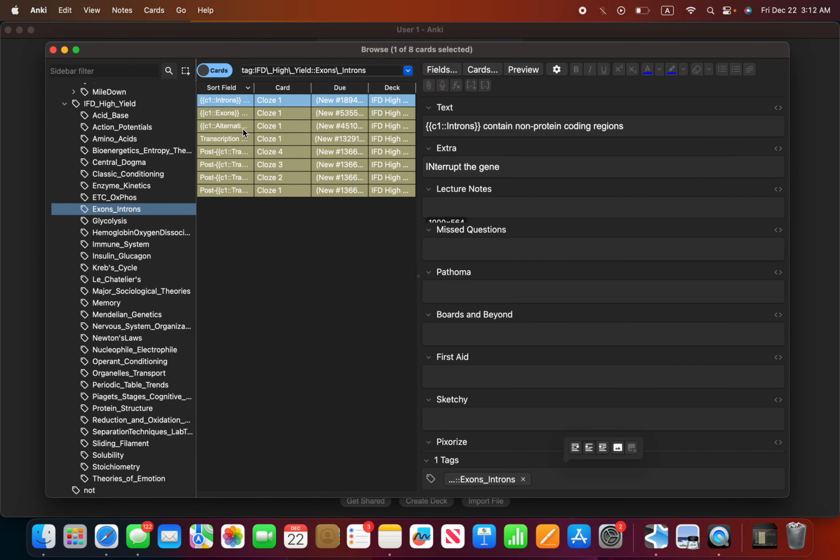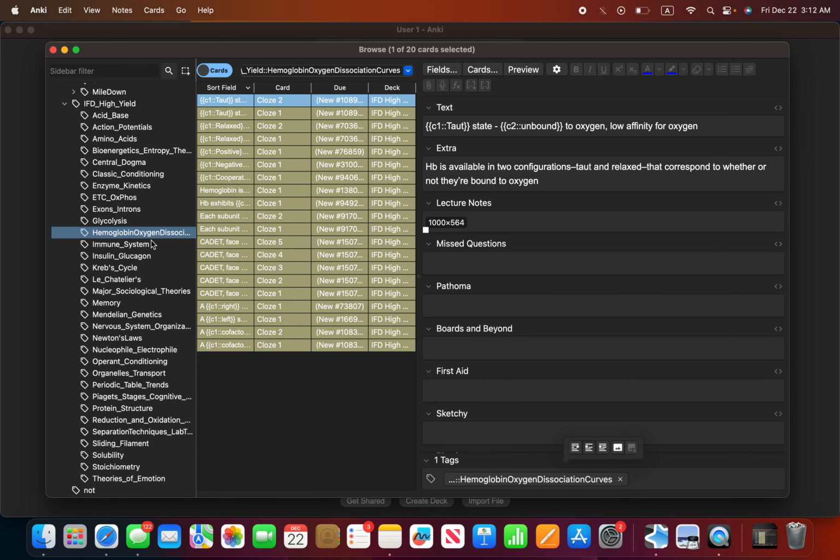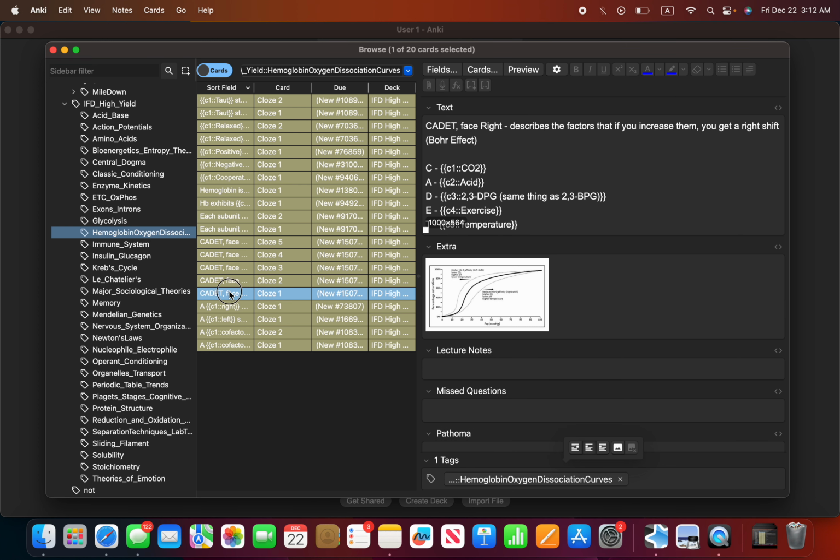Sure. In glycolysis, I did not go through this. We did go through the Krebs cycle, however. We did the hemoglobin oxygen curve, yeah.